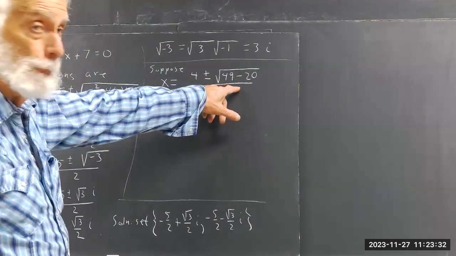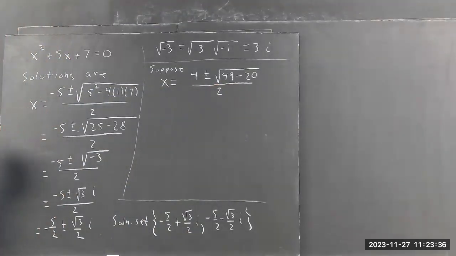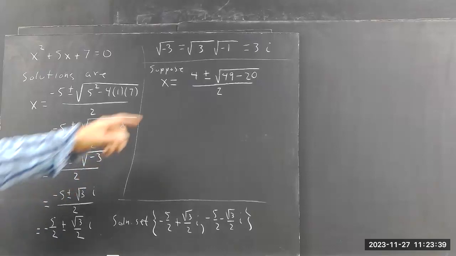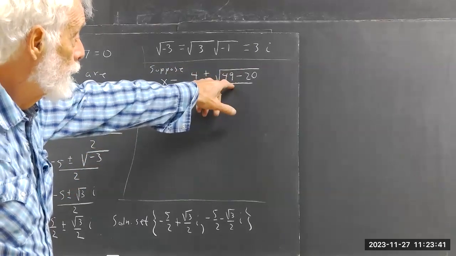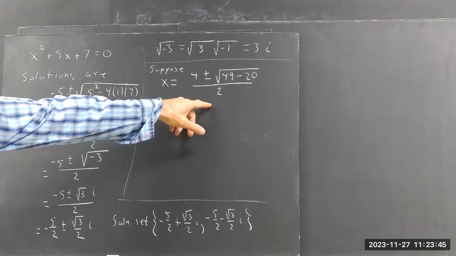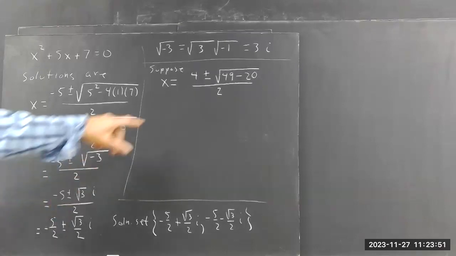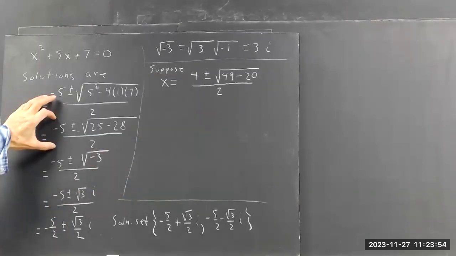Can you simplify this the way I've simplified this? You're going to end up with a number plus or minus some square root, all that divided by 2. So it's going to look a lot like this. So this step looks like this.